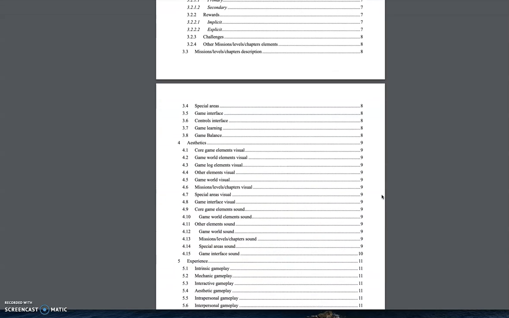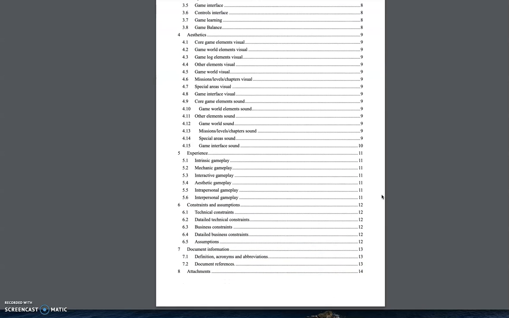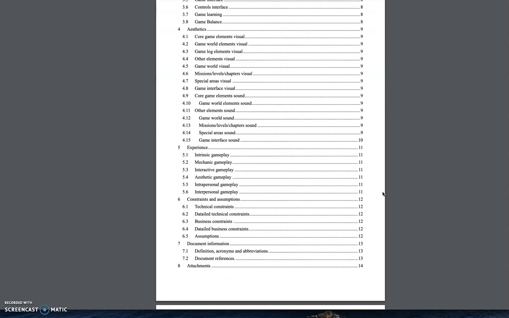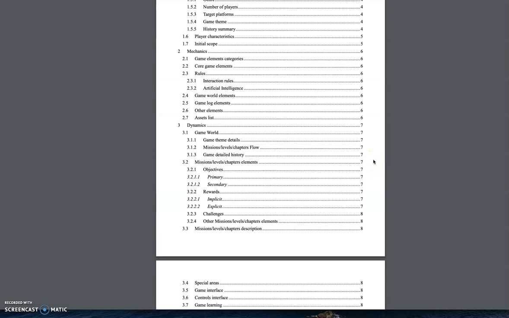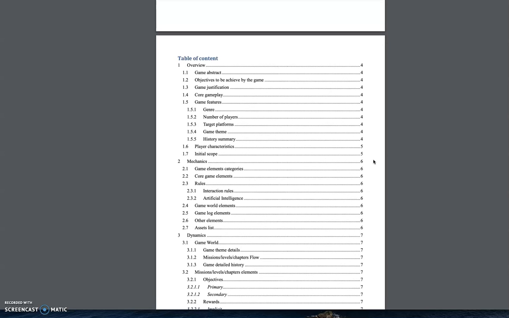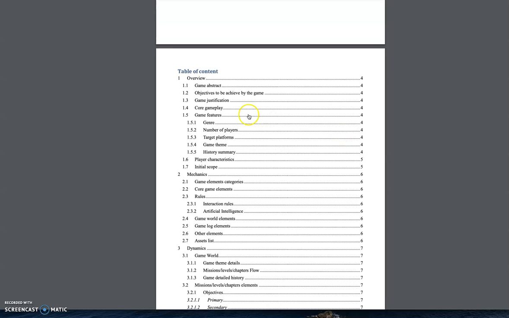Scrolling through this one, just taking a look at everything that is expected of this game to have before it can be proposed. So it's not just here's an idea and I want it to be, this is the name of the game and how I want it to be played.